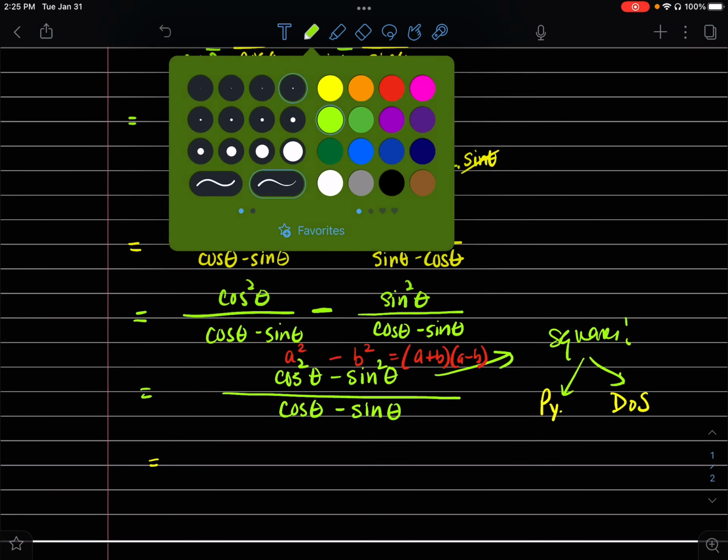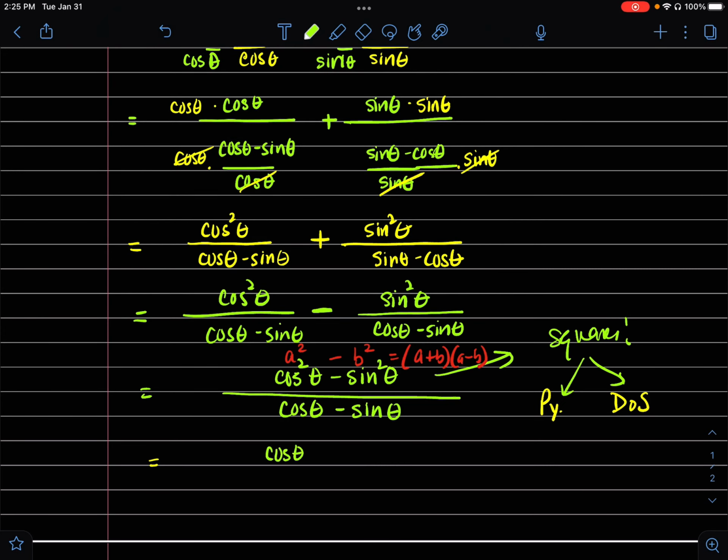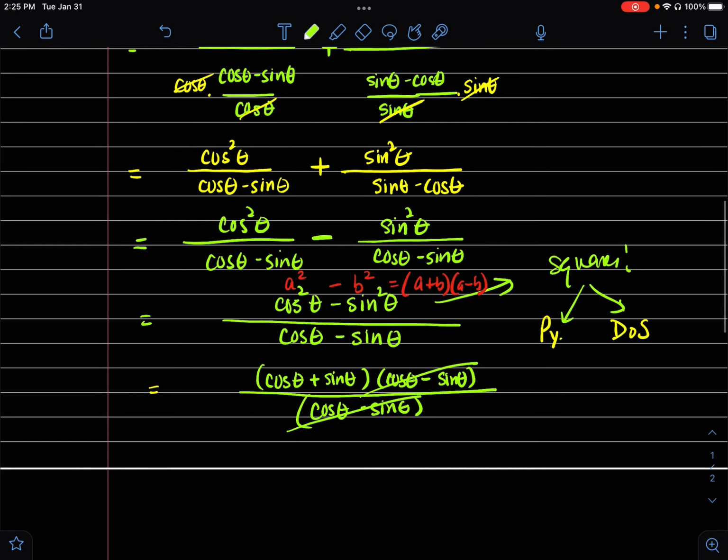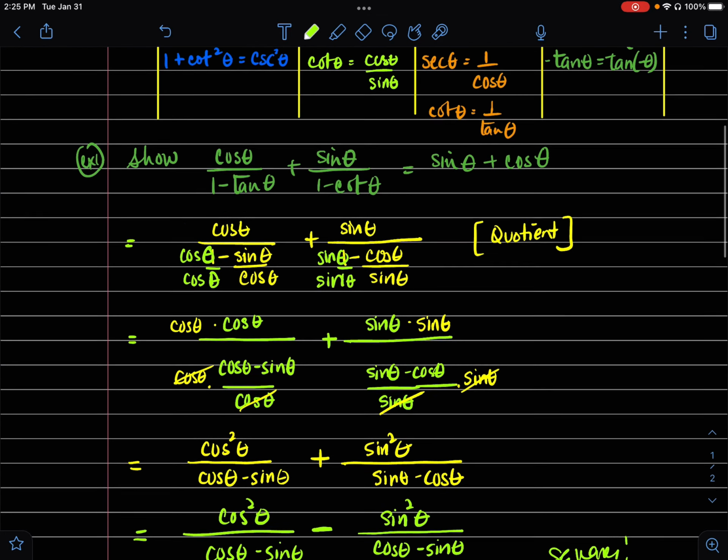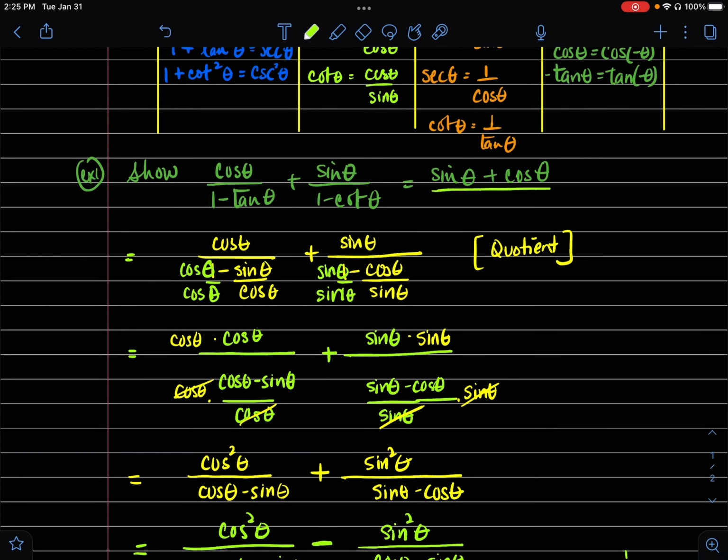Which means I have cosine theta plus sine theta and cosine theta minus sine theta, one with a plus, one with a minus, and this one's more tempting because you can clearly see that one of them matches exactly with the denominator, which is so tempting just to cancel it out. That leaves me with cosine theta plus sine theta, and that is exactly what we had here to begin with.